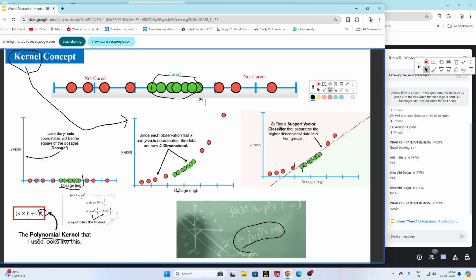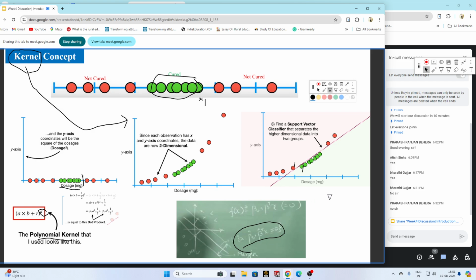When we transform our data from dosage to dosage square, if we put a support vector or a threshold anywhere in between, there is much more misclassification error, right? But when we change dosage to dosage square and plot our points, there is no misclassification error here, and we can very well separate these two groups of data points.